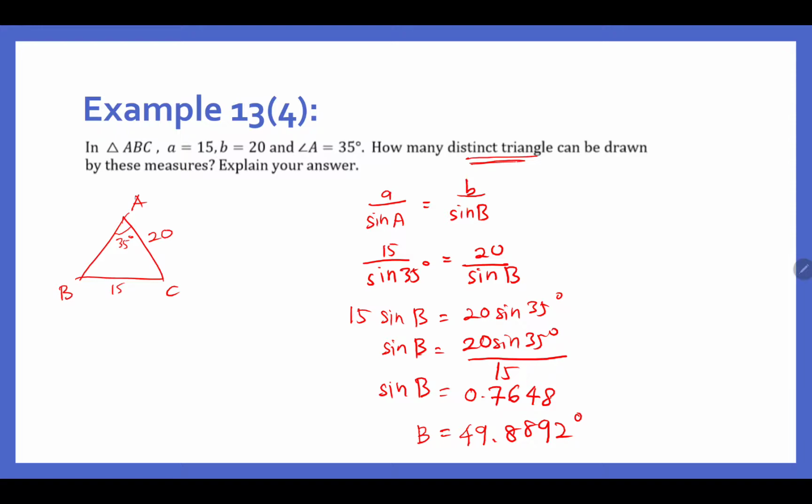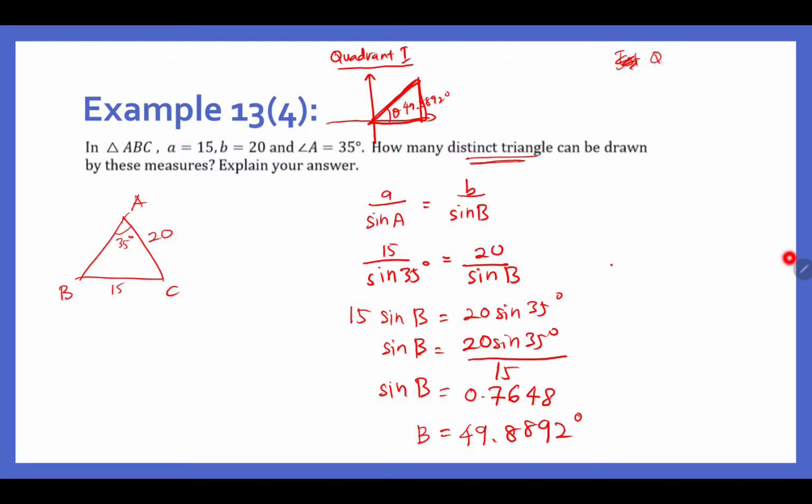Okay, for the first case, kuadran pertama. Kalau dekat first quadrant, maksudnya the angle 49.8892 akan berada di sini, so triangle kita akan dapat triangle yang macam ni.